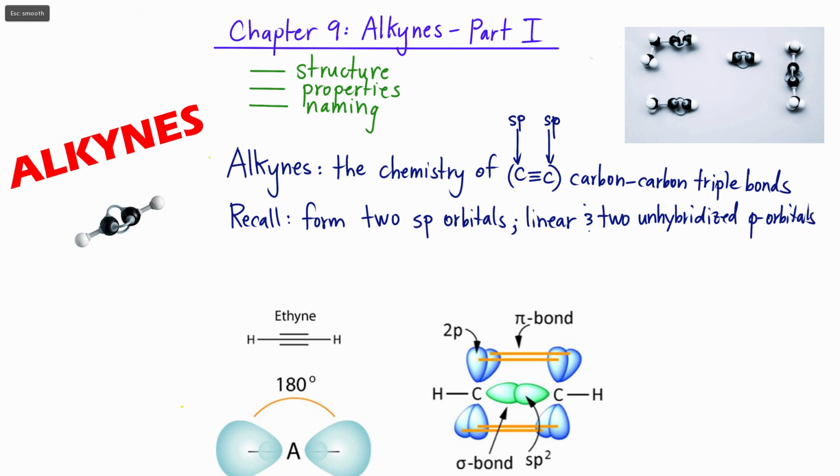And those unhybridized p orbitals, they do not participate in the hybridization. That's very important to remember. And they are also higher in energy than the sp orbitals.